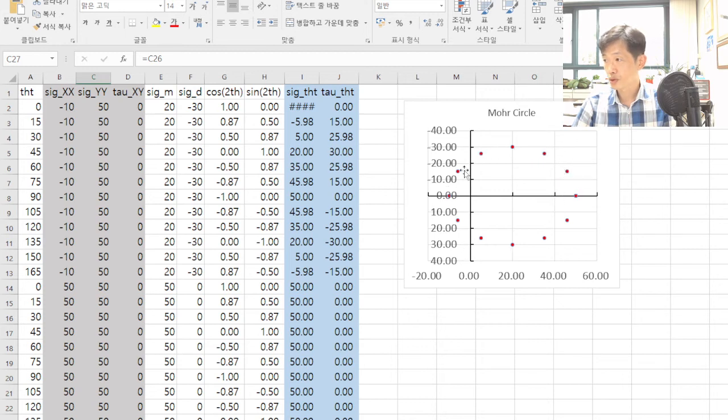The two Mohr circles are duplicated, and the second Mohr circle is condensed to a point. This is how we use the Mohr circle to investigate the stress state. What would be the maximum shear stress here? Look at the maximum radius of the Mohr circle. This is the maximum shear stress. The maximum shear stress is 30 megapascal in this problem.